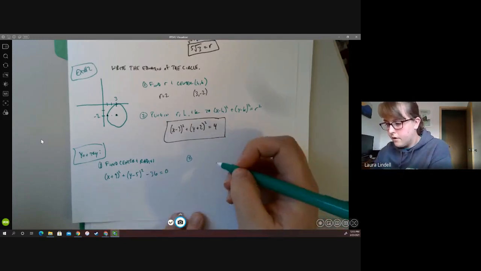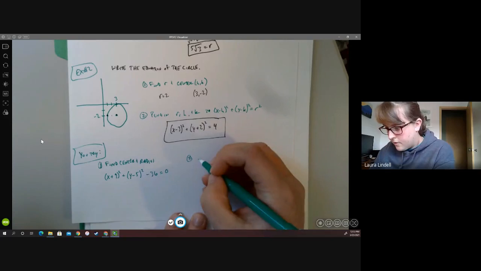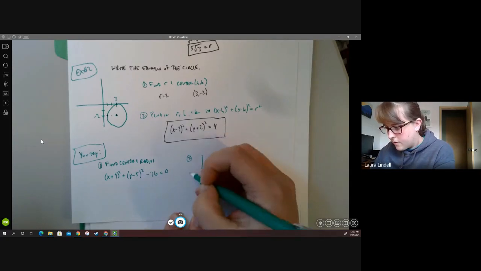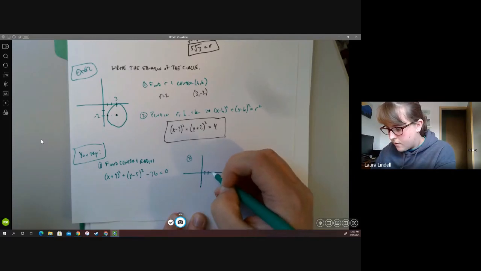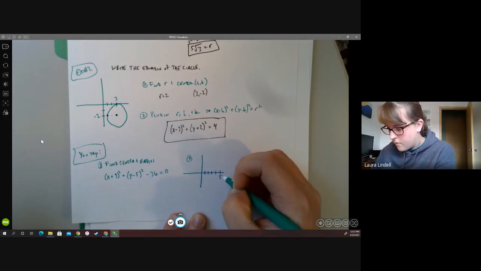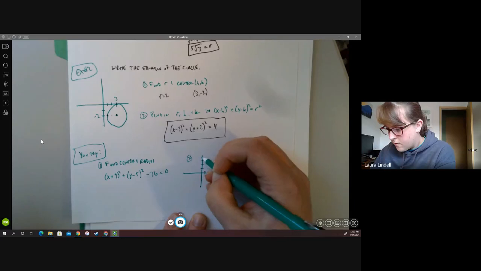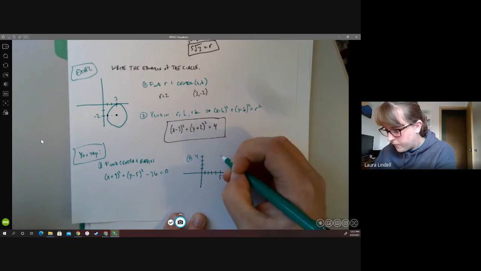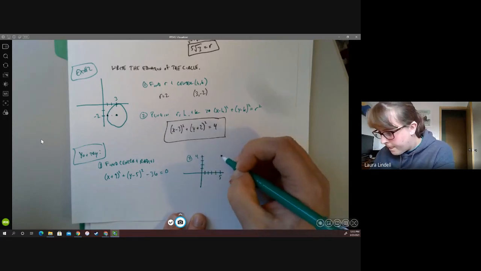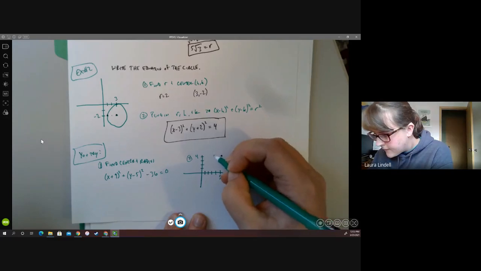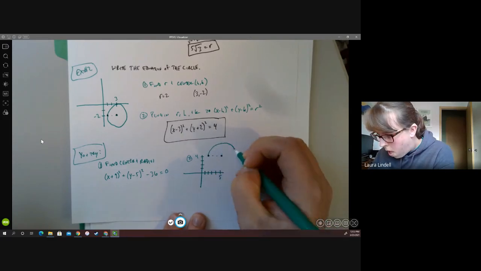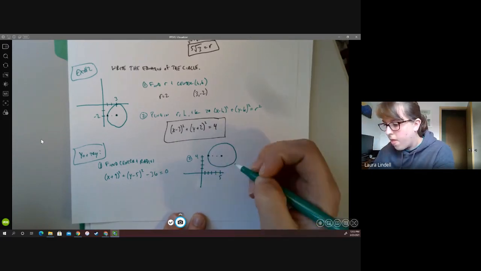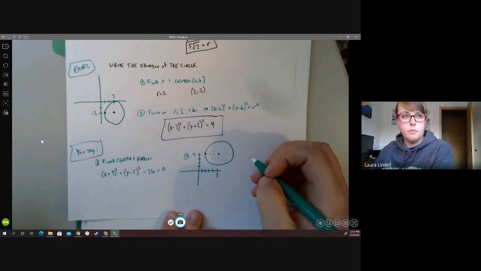Second one, and then for number 2, write the equation of the circle.